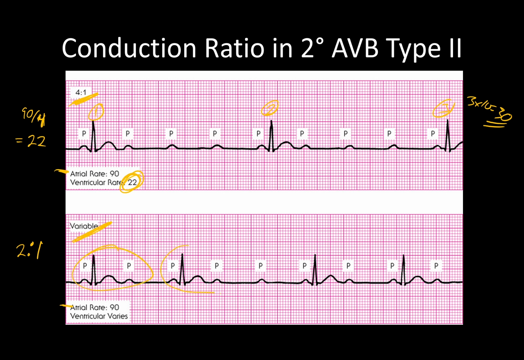And then this is a 3-to-1, and then right here and here, you're back to a 2-to-1 again. Ultimately, we call this second degree AVB with variable conduction. That's all there is to that. Again, just wanted to let you see how those work.